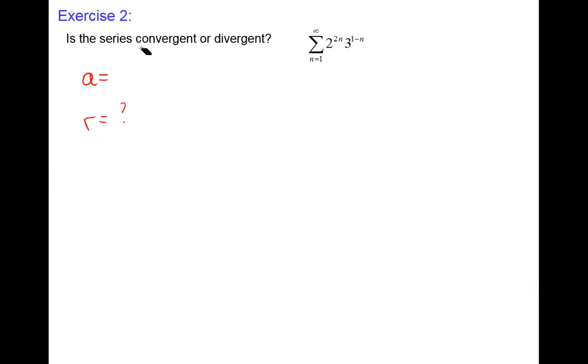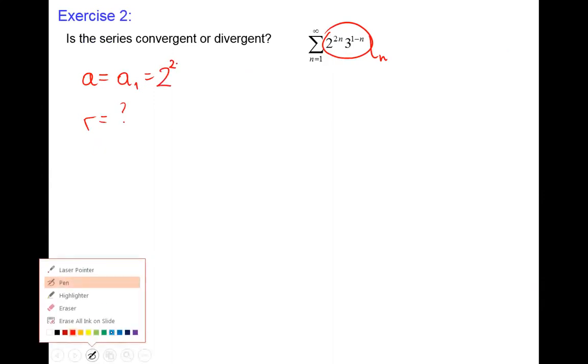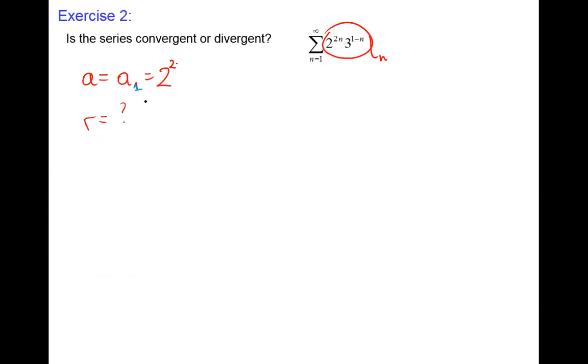The first term is just a sub 1. That means I have to take this formula, because this is a sub n, and instead of n, I have to put 1. Can you help me? I will change the color for you. I'm just putting 1. You can probably compute faster than me.